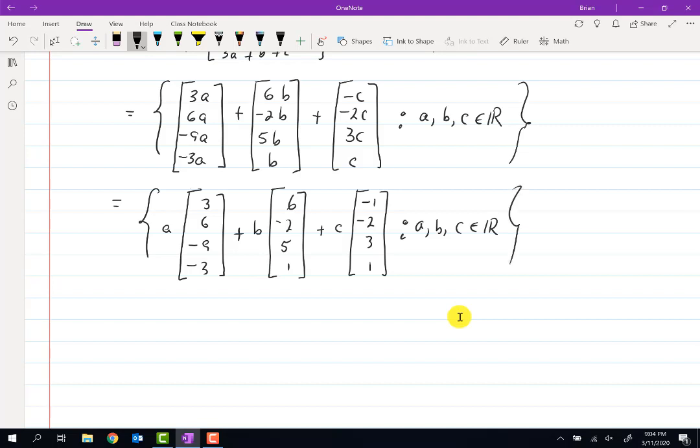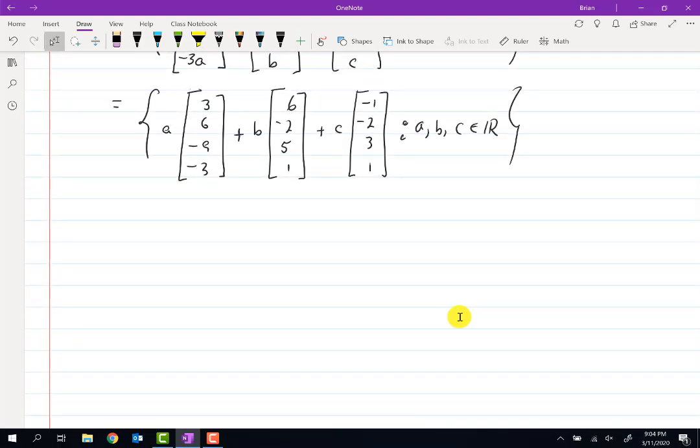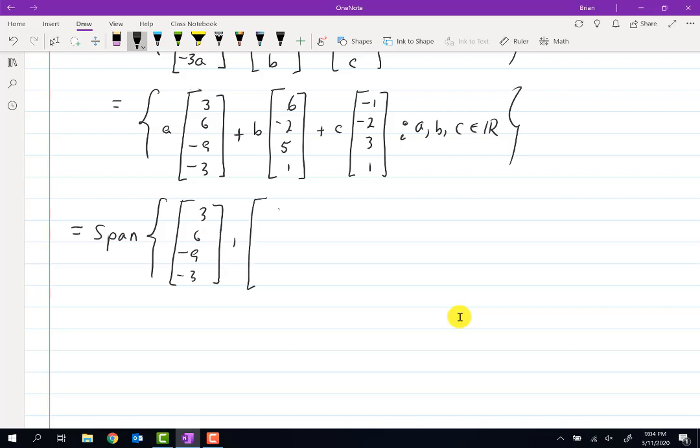Let me keep going here. If you'll recall, this equals the span of the following vectors: 3, 6, negative 9, negative 3, comma, 6, negative 2, 5, 1, comma, negative 1, negative 2, 3, 1.